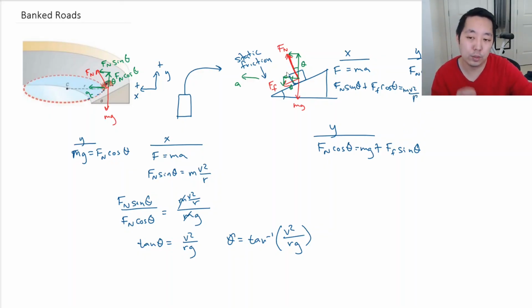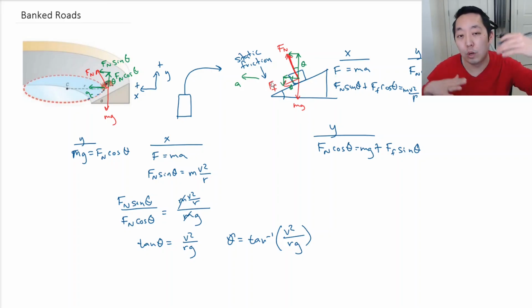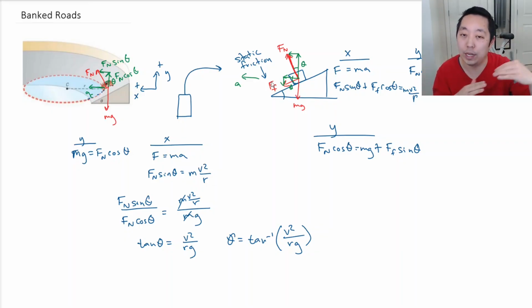You have to be a little more careful. When you're moving on a bank and doing a circle, you're not going to do your x and y up and down the ramp like when you're sliding up and down the ramp. Because the acceleration is all horizontal, you want to do vertical for the y direction and horizontal for the x direction.